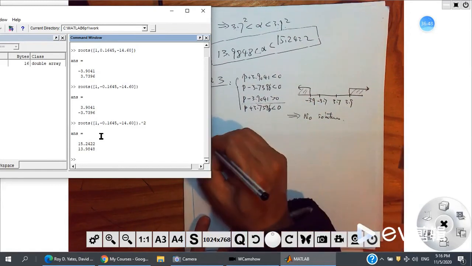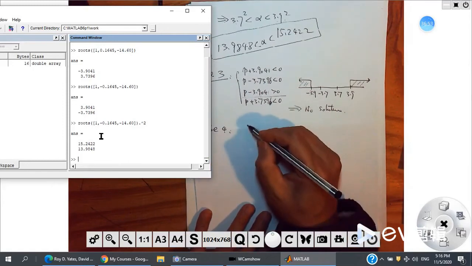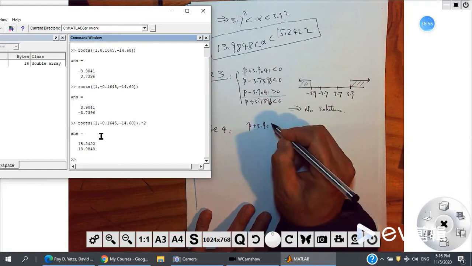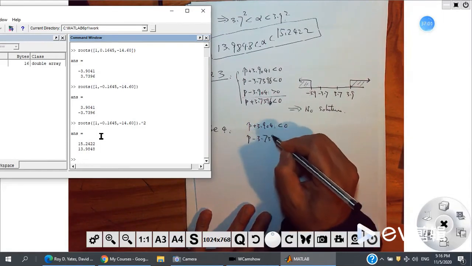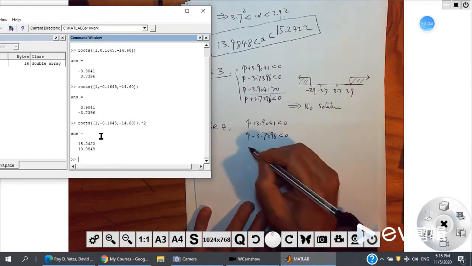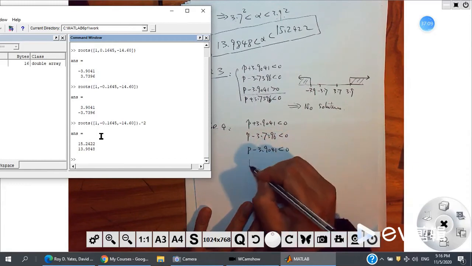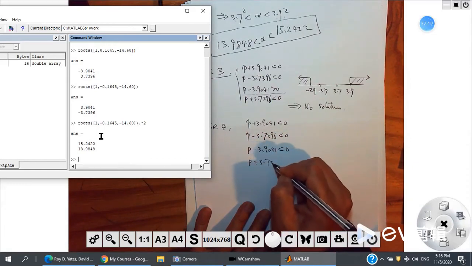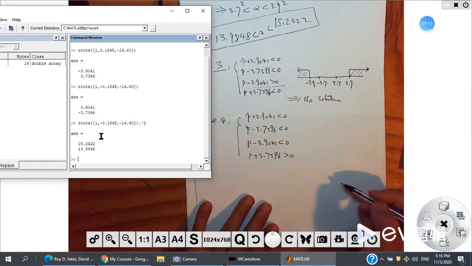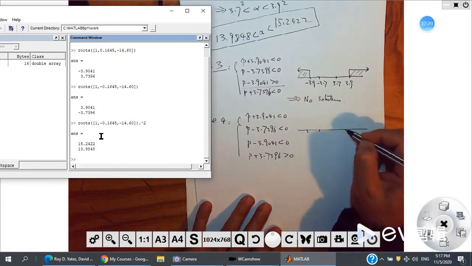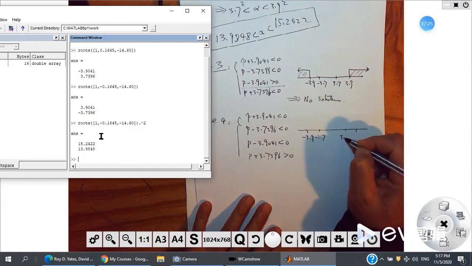And case 4, we still have these negative, smaller than 0, and we want this negative, but this one, 7396, is positive. Then I still have these four values.